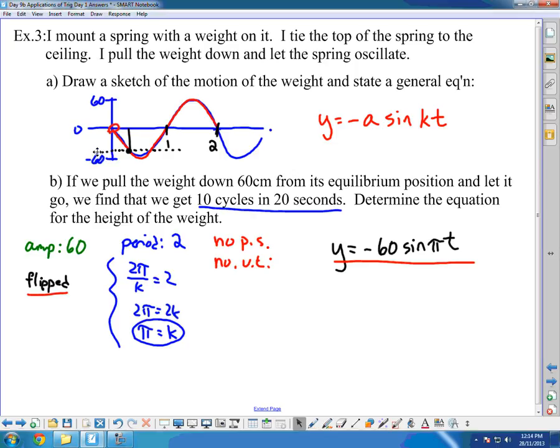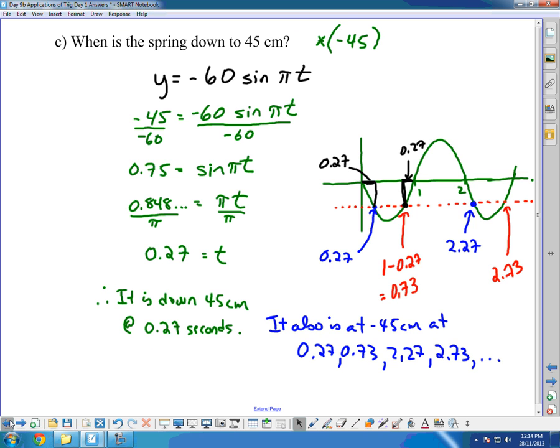But of course, by me drawing it, my question is, is there only one time that it is down to 45 centimeters? We can see the first time is right here, but we can also see that it happens again. And then, of course, it is going to happen again and again and again. But the question I have now is, when's the second time that it's down to 45?